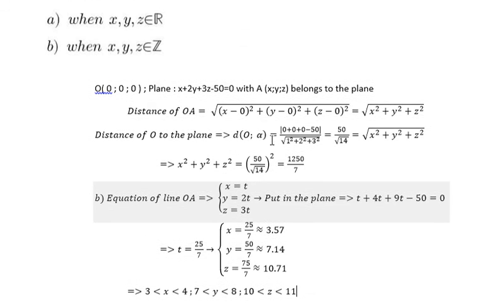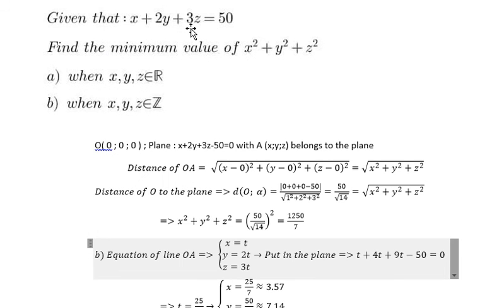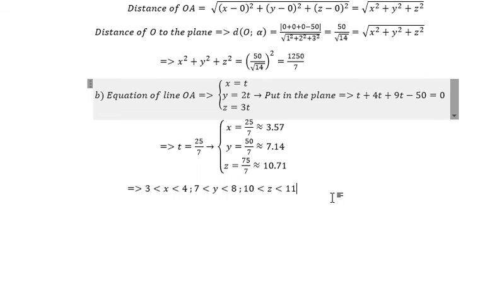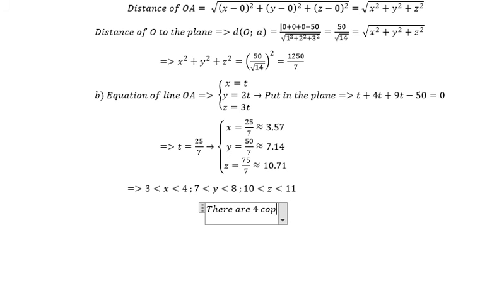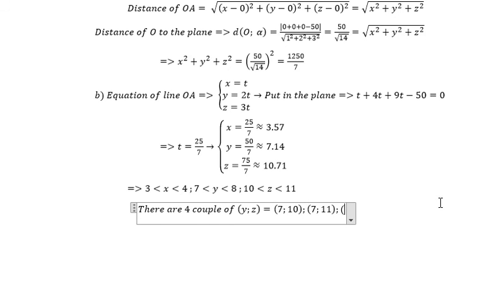We choose the highest numbers because 2 and 3 are the highest coefficients, so that we can compare to the x. So we can find 4 couples of y and z in here: 7 and 10, or 7 with 11, and then 8 with 10 and 8 with 11.